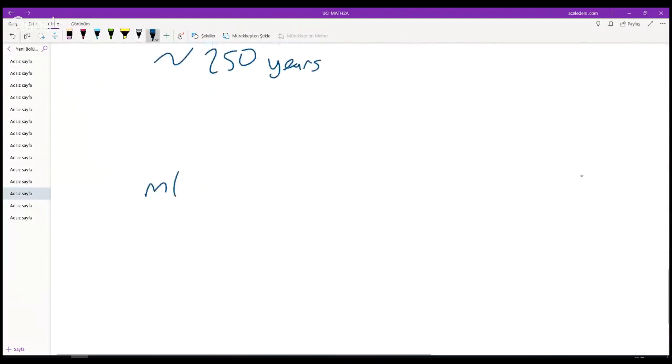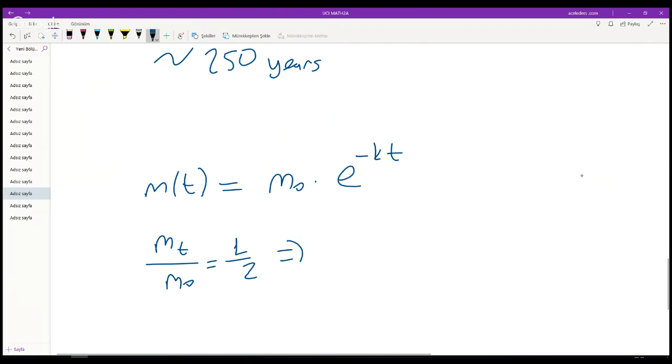So let's say that M(t) equals M0 times e to the power minus kt, because k is positive and the mass is decaying, so this is a negative power. But when M(t) over M0 is 1 over 2, then t is 50 years.